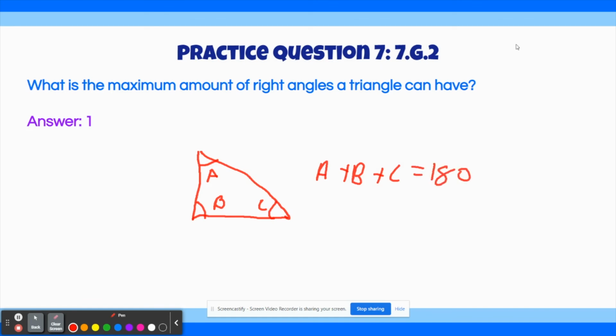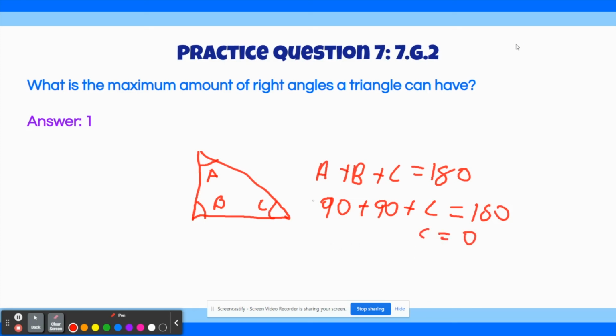And so if two of the angles are 90 degrees, then it would be 90 plus 90 plus C equals 180. And so this would mean C equals 0, and that wouldn't be possible.